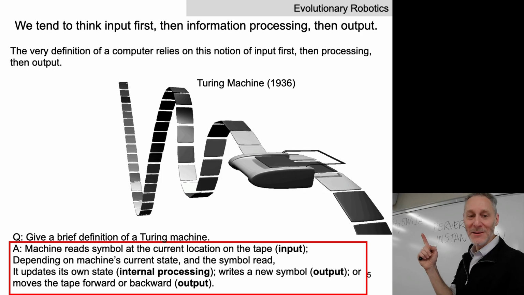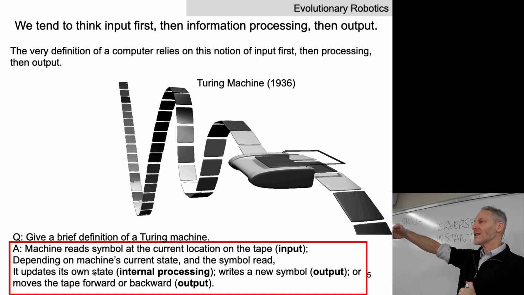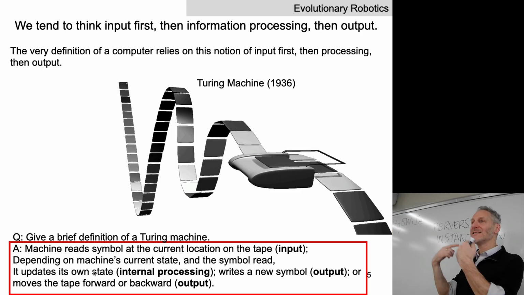So Turing machines have internal state. So I'm a Turing machine. I see a 1 on the tape at the moment, and I have a certain internal state. So I combine my input with my internal state, and that dictates what I do next.